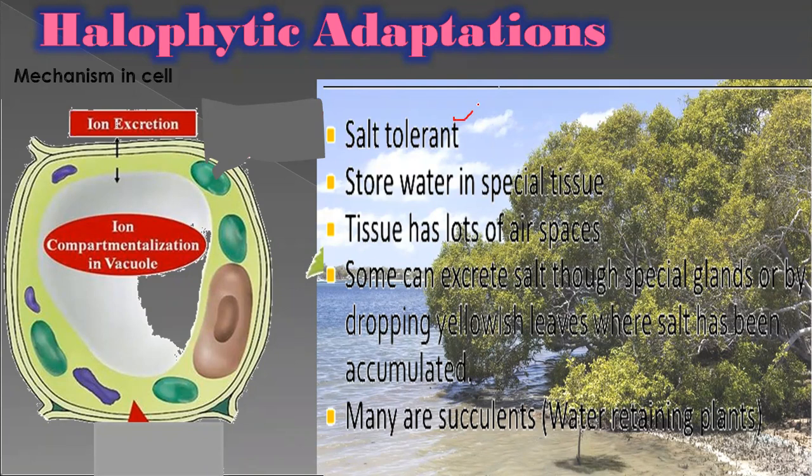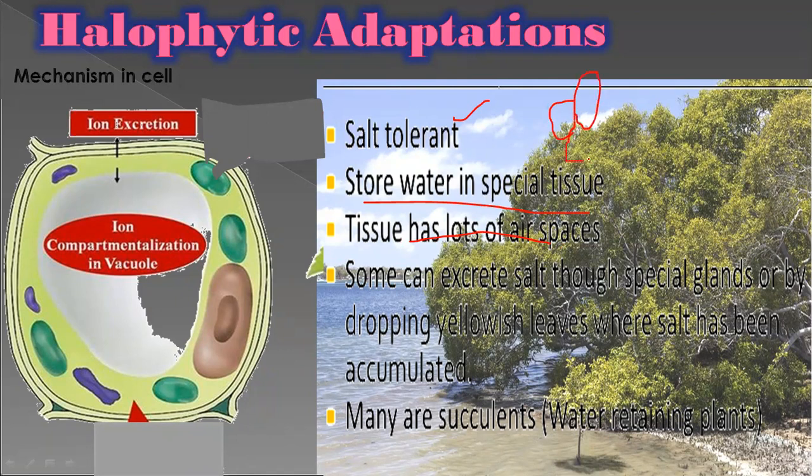So number one, salt tolerance. They can tolerate a maximum amount of salt in their tissues. They can store water in special tissues, and these tissues have lots of air spaces. For example, these are leaves.